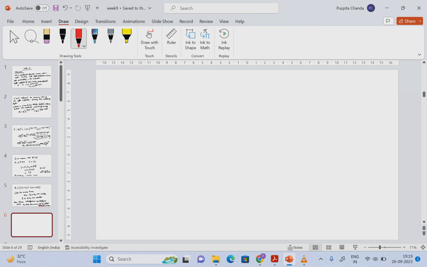So actually, no light source emits a perfectly coherent wave.